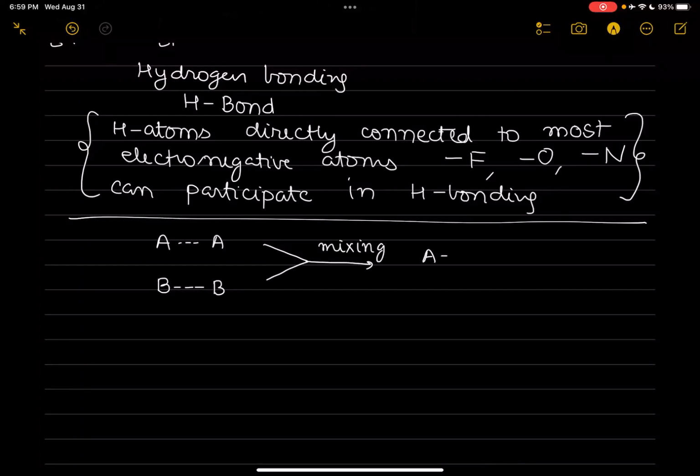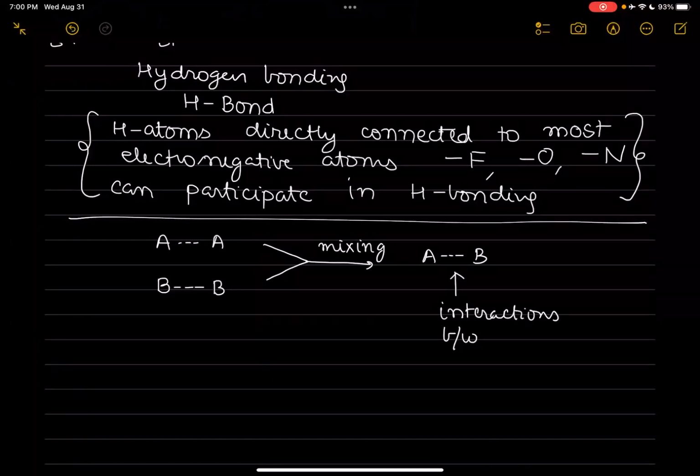You will have molecules of A in contact with molecules of B. Mixing can occur if the new interactions between the A and B molecules are stronger than the original interactions.